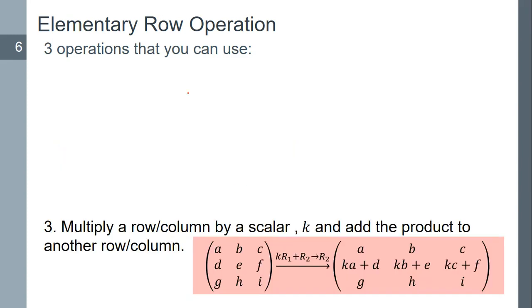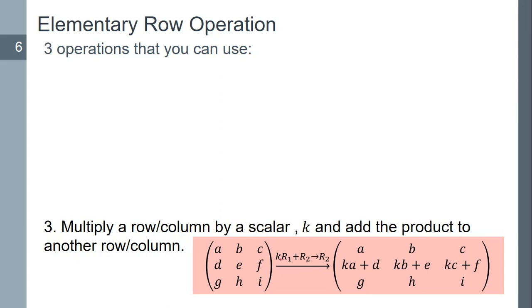And the last elementary row operation is the one that does much of the work. Let's say you want to multiply your row 1 and add it into your row 2.